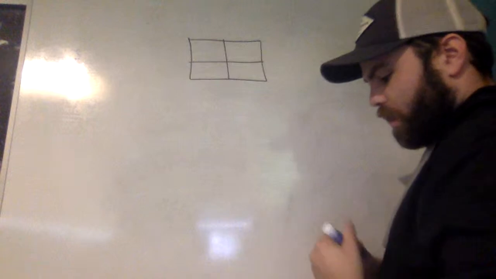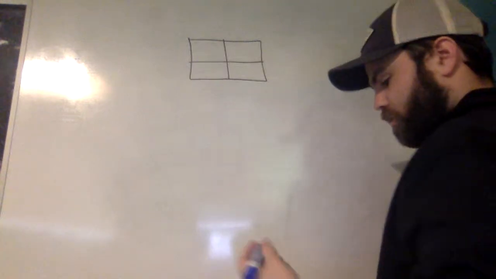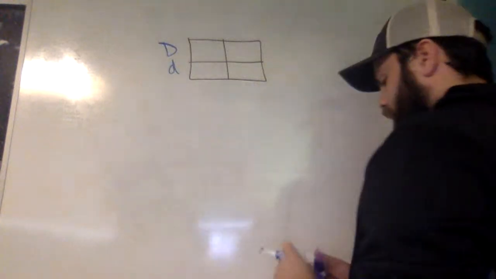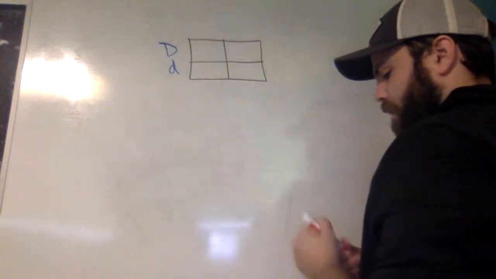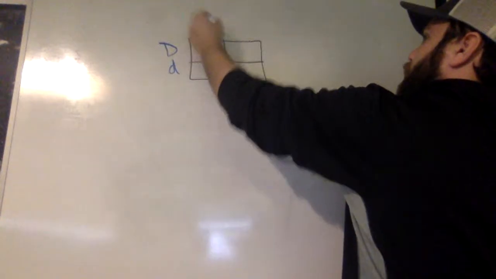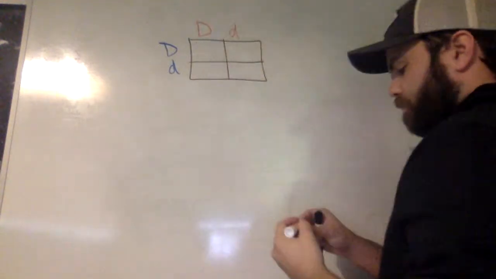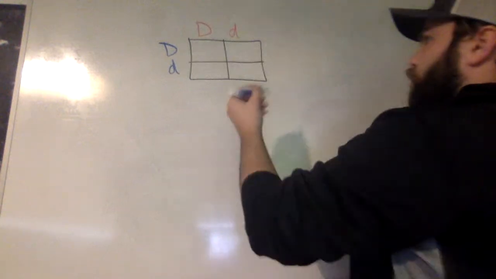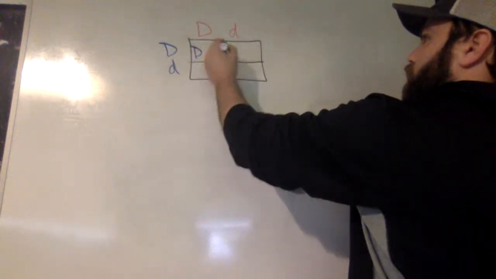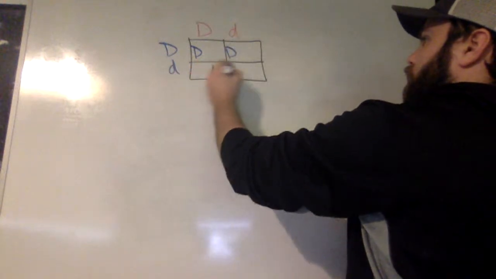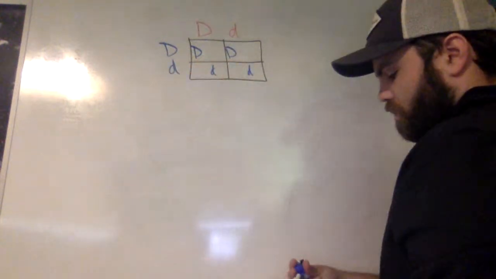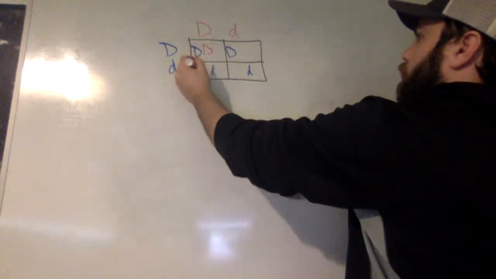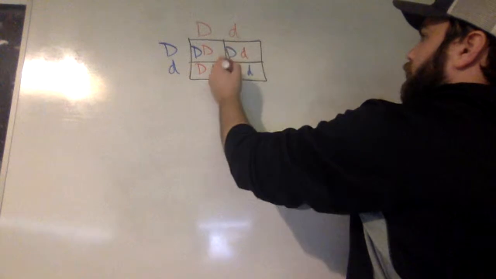So for this one, they actually give us the alleles that are next to it. So we have capital D, lowercase d, then we have capital D, lowercase d again. So let's bring across the blues, then bring those down.